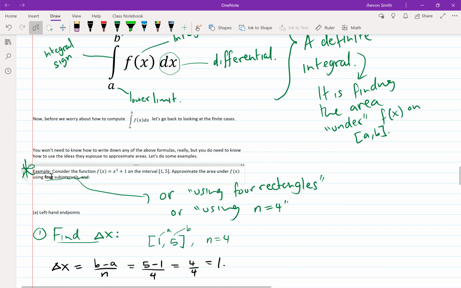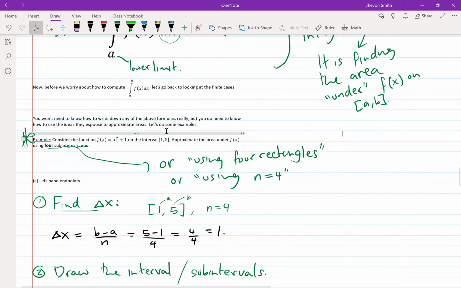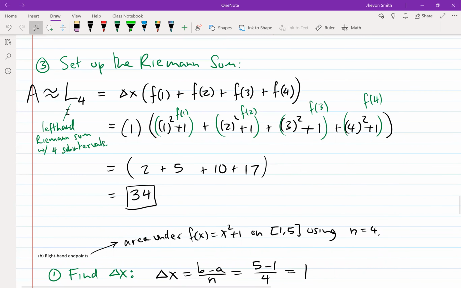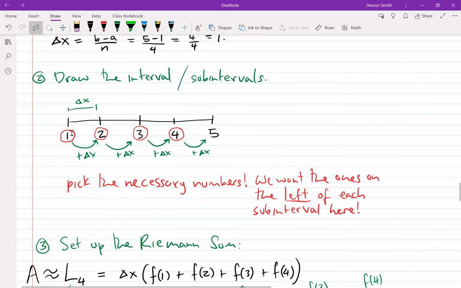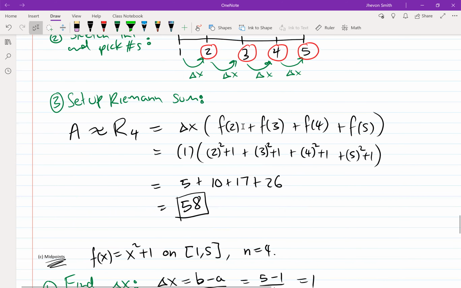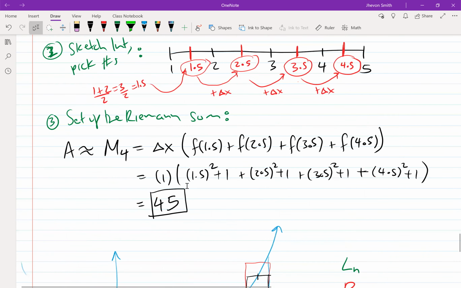Usually I'm going to ask you 3 or 4, probably expect 4. Then you go through this 3-step process. Depending on whether I ask for the left hand, right hand, or midpoint, you'll know how to pick the right numbers to plug into the function to compute the approximate area.